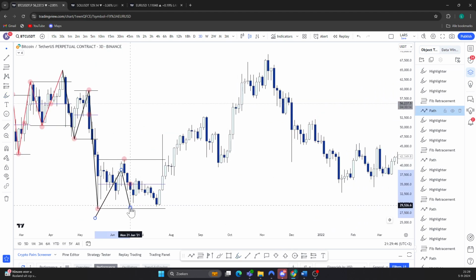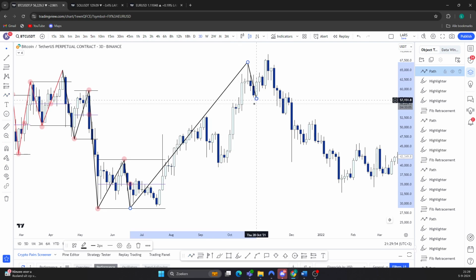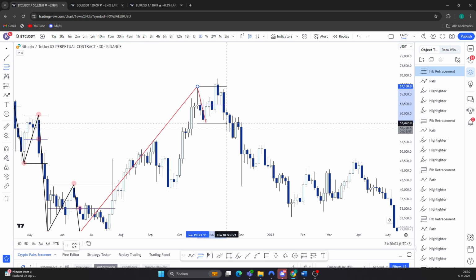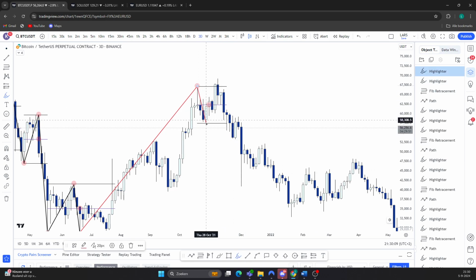From there, we had that massive move up, pointing up, back in that upward structure environment. So when we're in an uptrend, we pull our range from top to bottom. There you go. And the move back up towards the equilibrium of the range confirms your range.